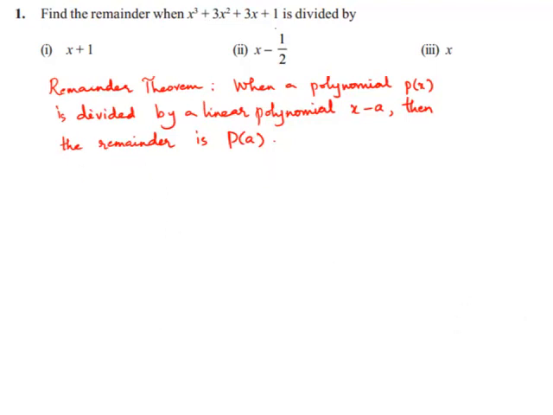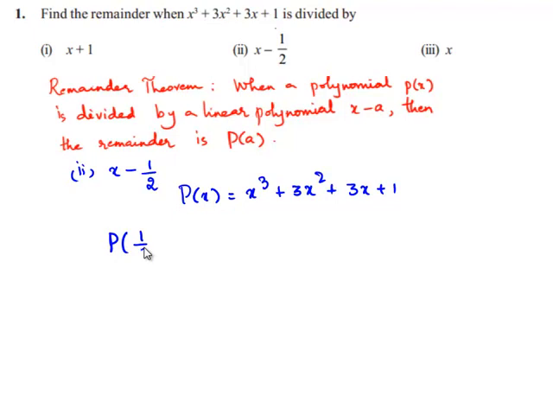Now let us see the second bit, which is x minus 1 by 2. So by the remainder theorem, p of 1 by 2 is the remainder.